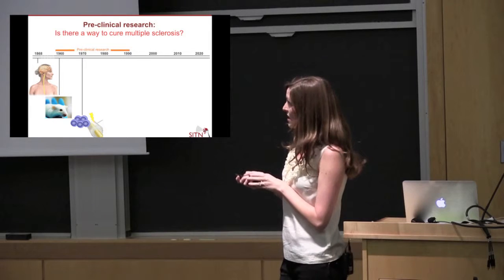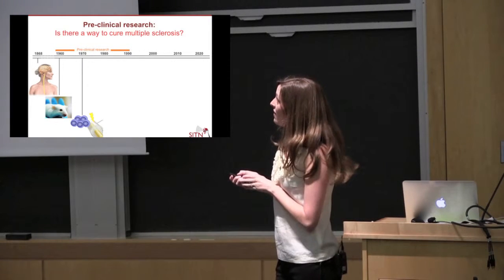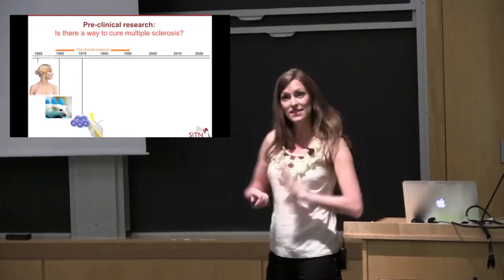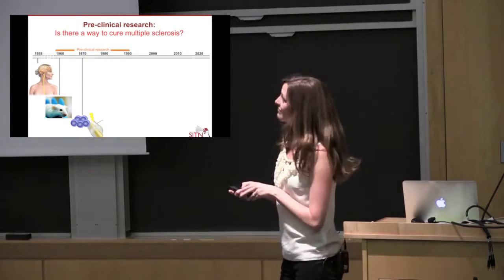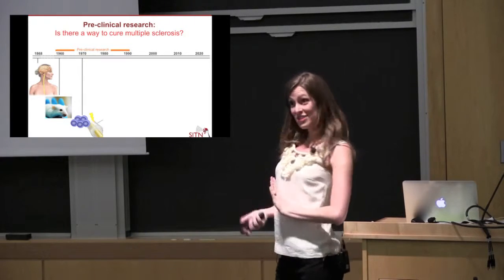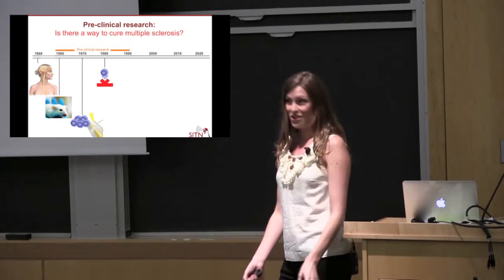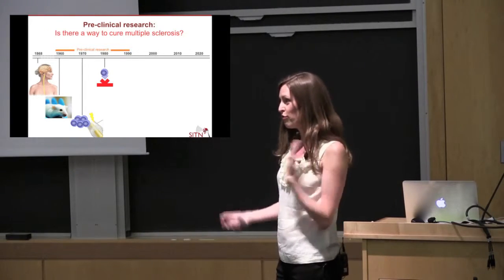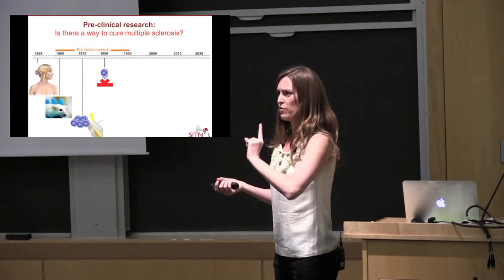Now, scientists studying this animal model, as well as some samples from humans, discovered by the 1970s that this disease seemed to be caused by the immune system. Totally separate from this study of MS, other scientists were interested in how the immune system works. Specifically, they wondered, how do cells from the immune system go from circulating through the body, through the blood, and get to one particular spot where there's an infection?